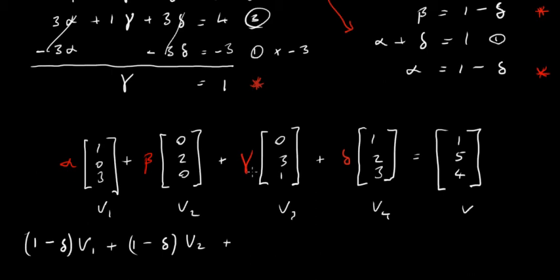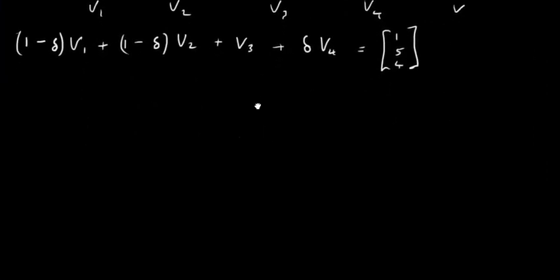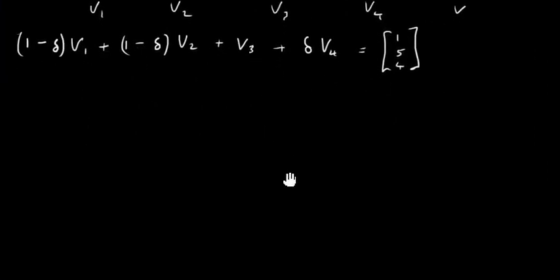Our gamma is equal to 1, so that's just plus V3. And then we've got delta times V4, and that's equal to our V, which is 154. So this is as far as we can go with this. We're not actually going to get actual values here, but what we can do is pick any value for delta, and we know alpha and beta. So for example, this is our solution here.